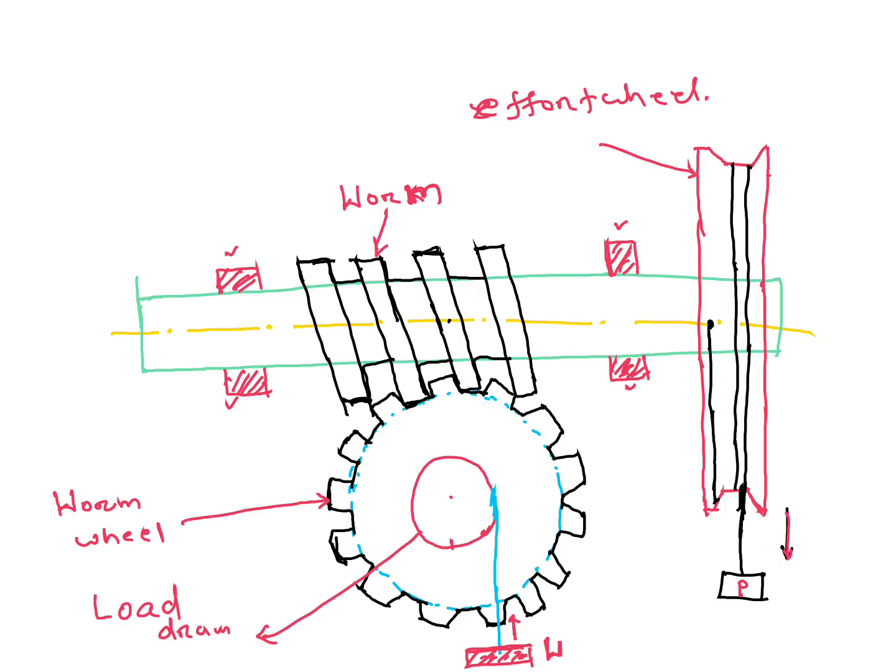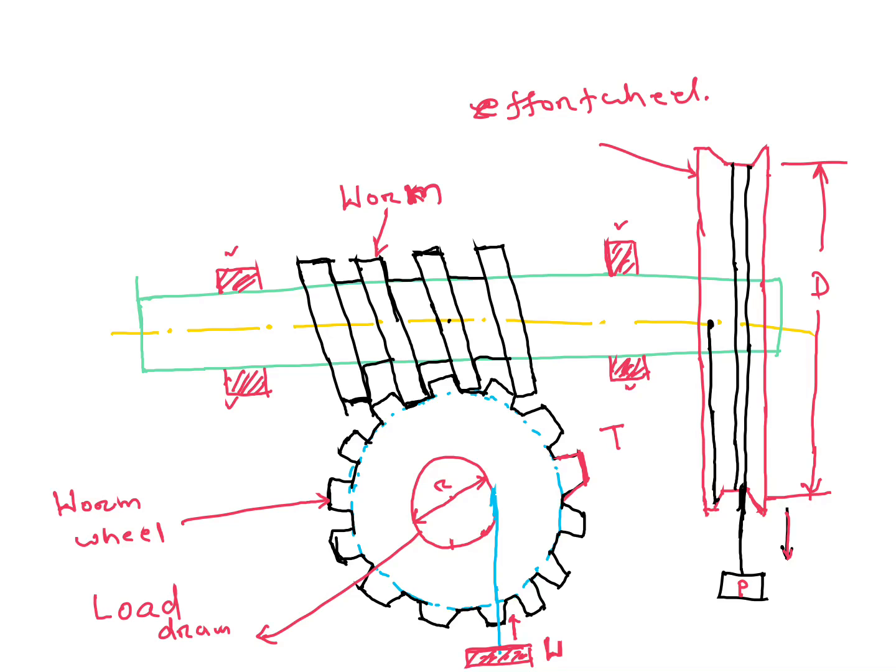Here this is the diameter of load drum, this is the diameter of effort wheel, capital D, and T, the teeth, total number of teeth is also given.